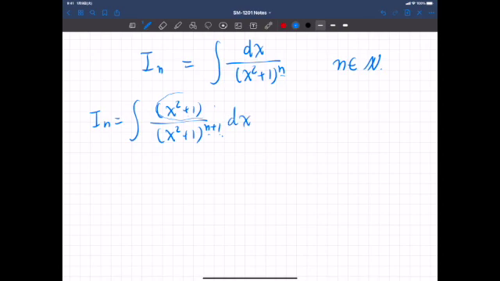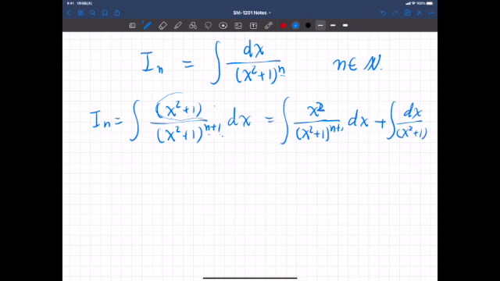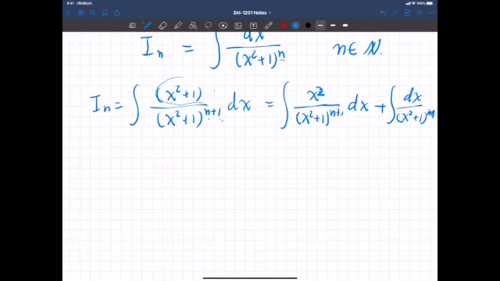And if we split this summation, then we have the integral of x squared over (x squared plus 1) to the power of n plus 1 dx, plus the integral of dx over (x squared plus 1) to the power of n plus 1. Okay. Let's see. This is I_{n+1}.